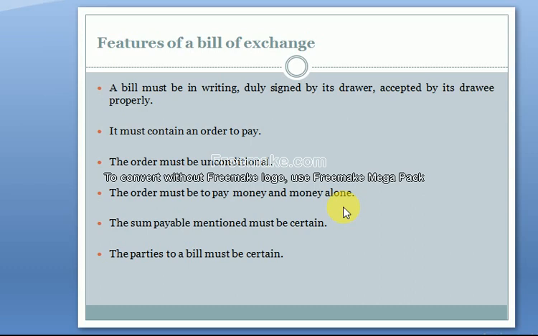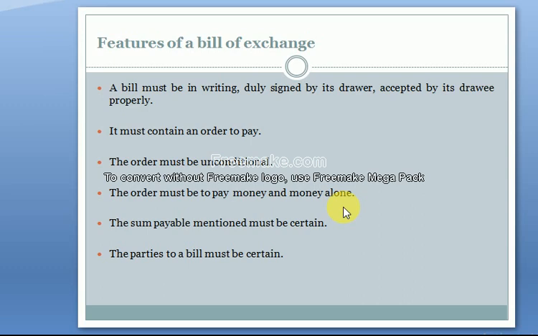As we discussed the features of the promissory note, similarly the bill of exchange also has some features. A bill of exchange must be in written form, and it is duly signed by its drawer and accepted by its drawee properly.